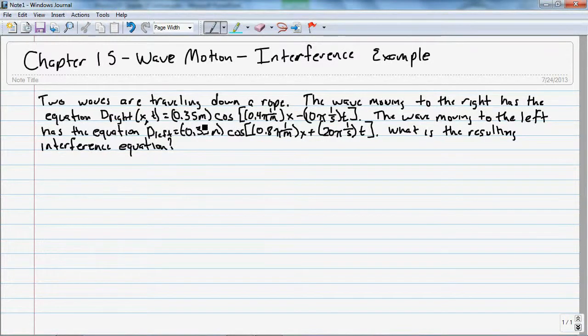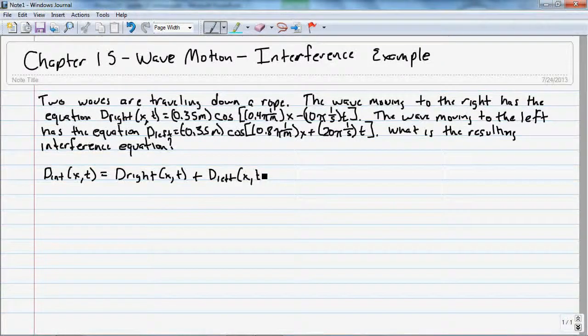So I have these two equations for the waves that are moving right and left, and I want to find the interference. Well, the interference as a function of x and time is just going to be equal to d right of x comma t plus d left of x comma t.